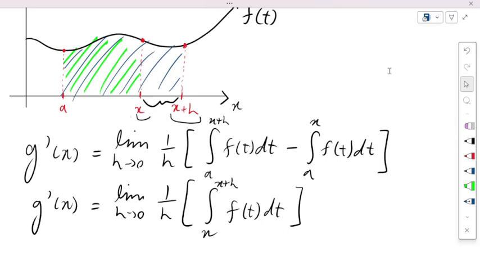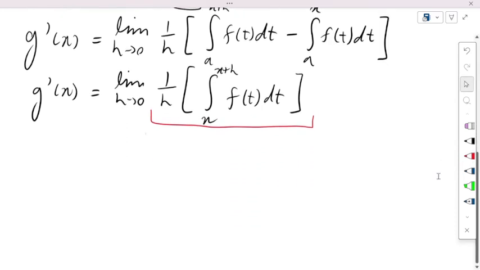I want us to just look at this part of the limit. 1 over h times the integral, right? This can actually be represented as the mean value theorem of integration.